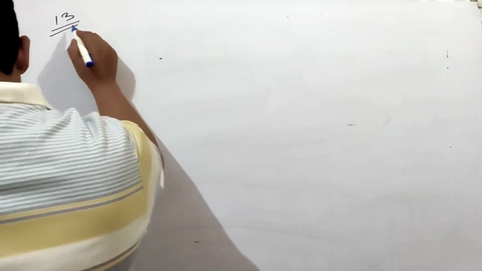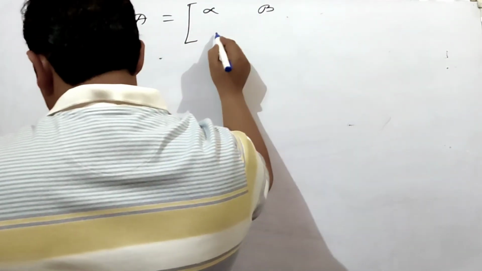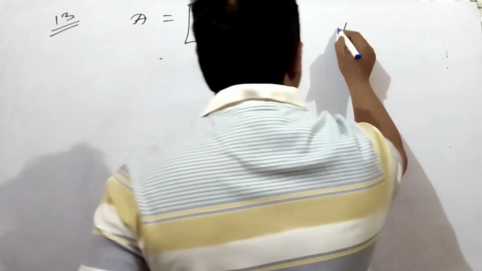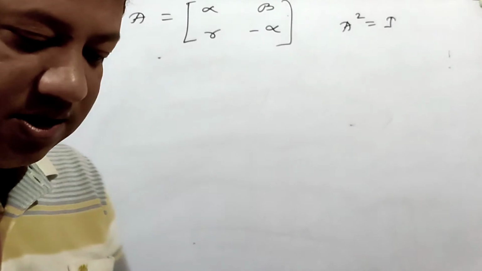Question number 13 is given a matrix A with entries alpha, beta, gamma, minus alpha, such that A square equals I. Then which one is correct?